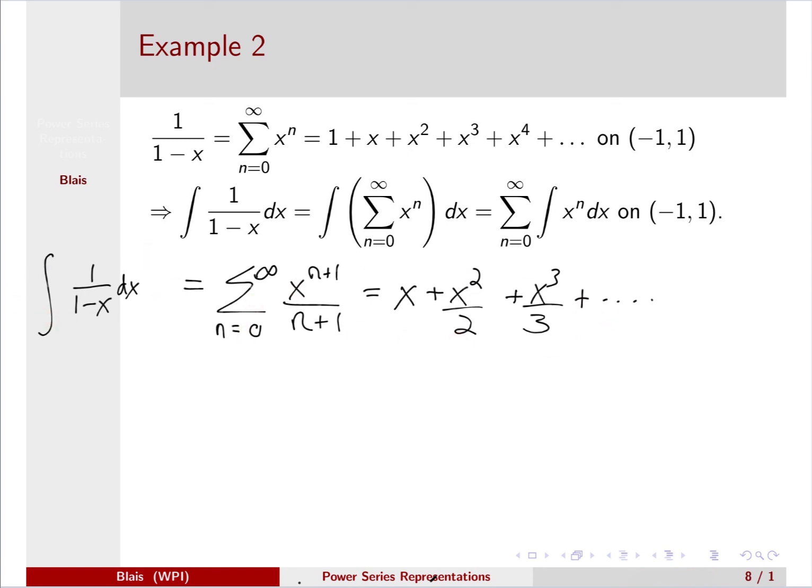Let's do the left-hand side, and we'll need a u substitution for that. So let's say u equals 1 minus x. So du/dx, taking the derivative of both sides, is minus 1, or du is minus dx. And we can now make this substitution in our integral.